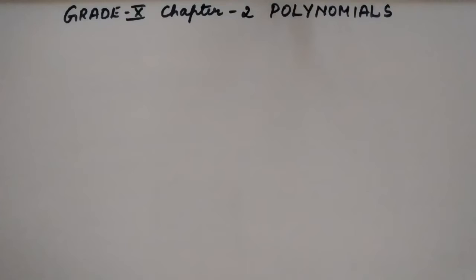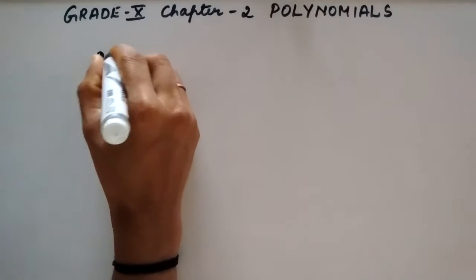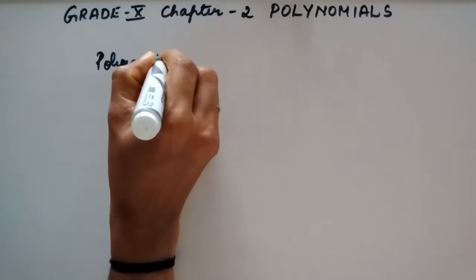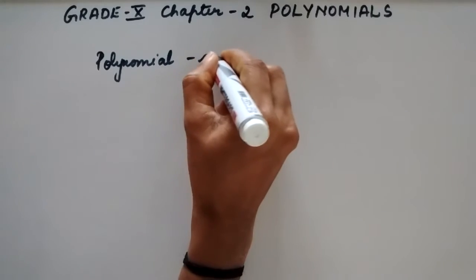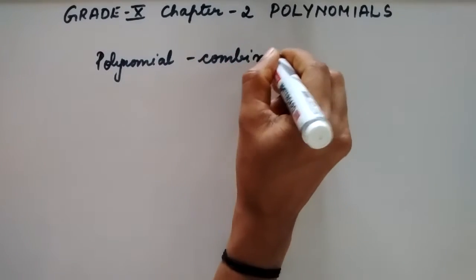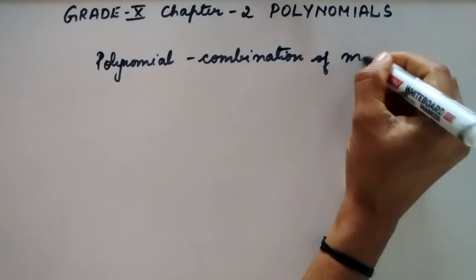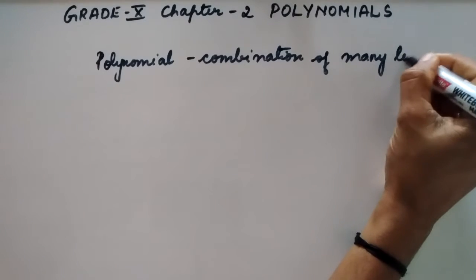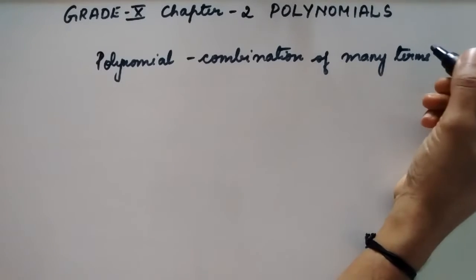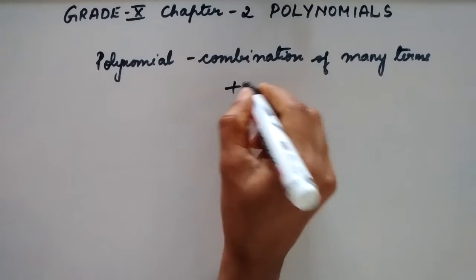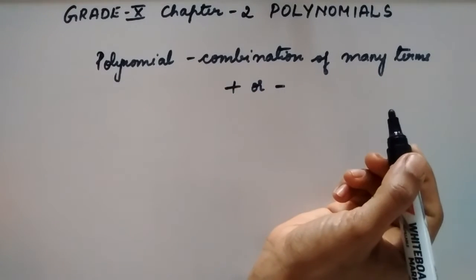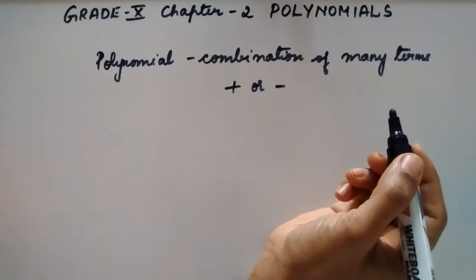So a polynomial is made of many terms, that is, a combination of many terms, and these terms are connected with plus or minus signs.